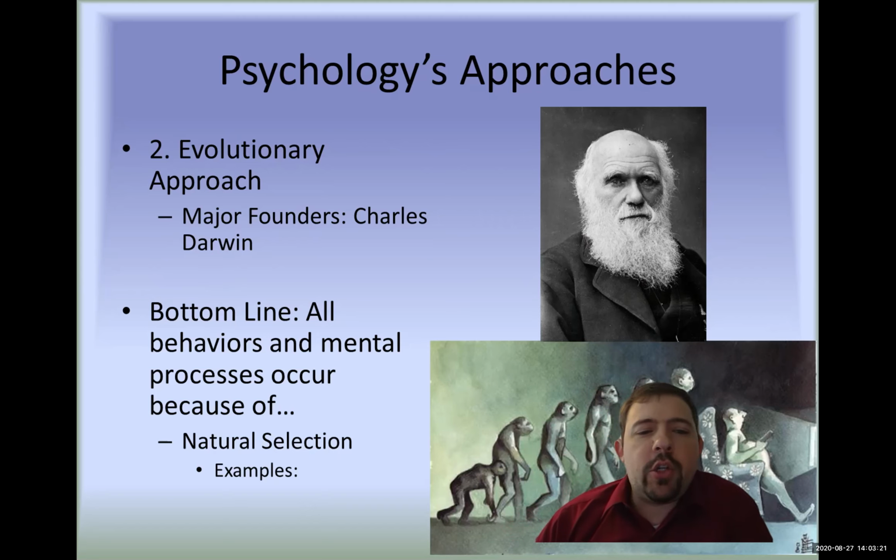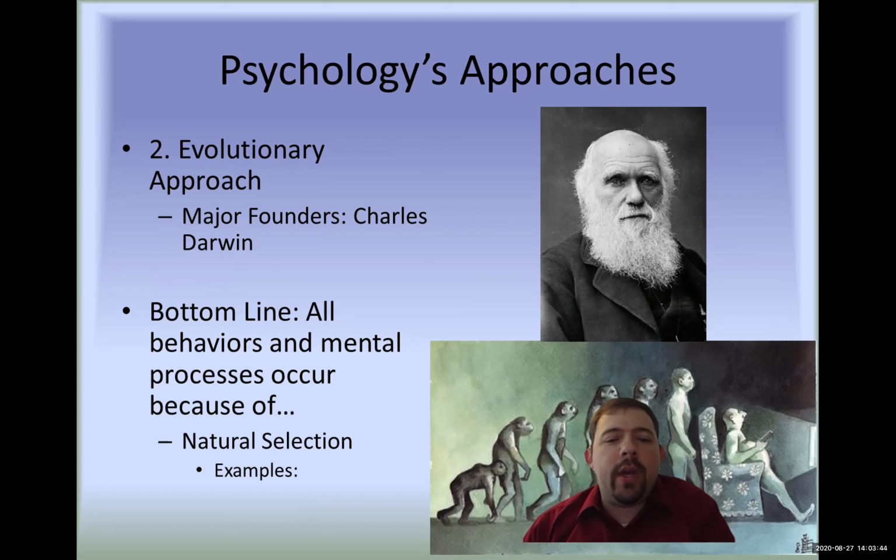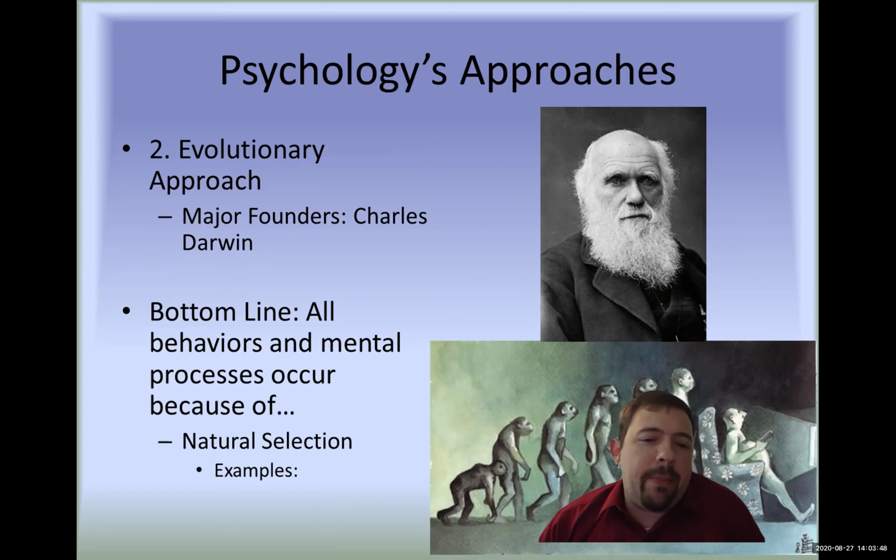So in short, we look at the genes and behaviors and mental processes that most humans have today, and how did those help enable our ancestors to survive in that environment, and in some cases, how does it help us continue to survive?